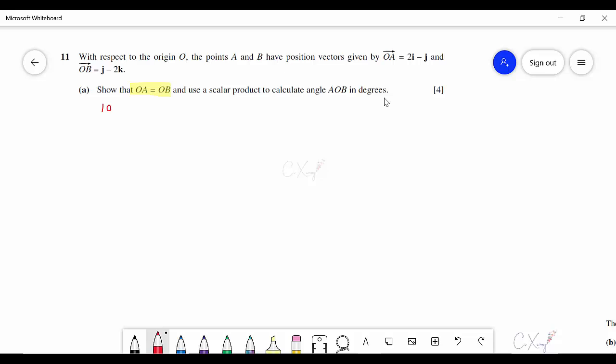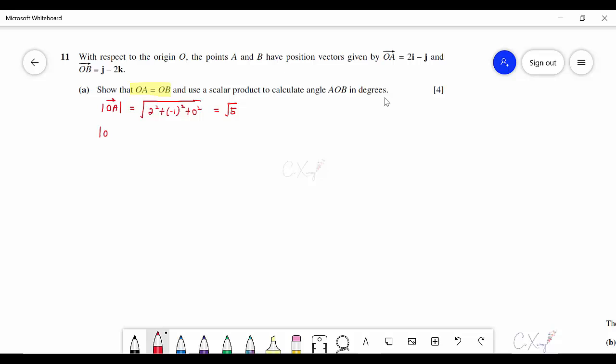To get the length of OA, you get the modulus of vector OA. So it is 2 squared plus -1 squared for the j plus 0 squared for the k. From here you should get the square root of 5.